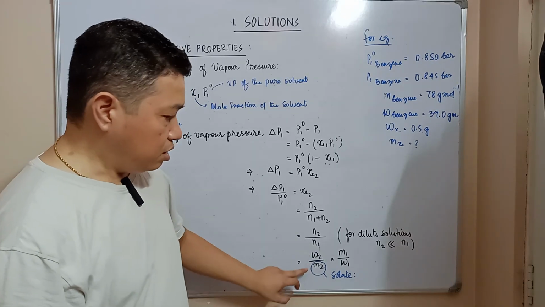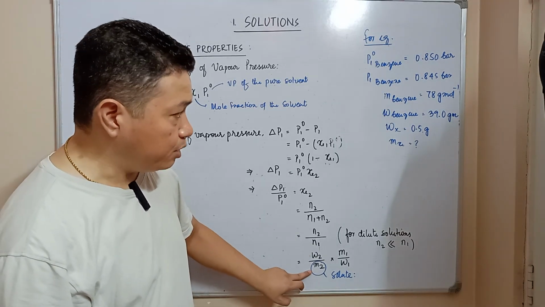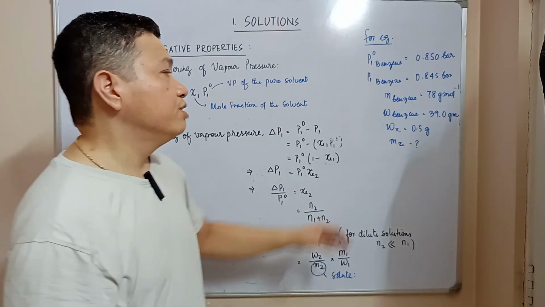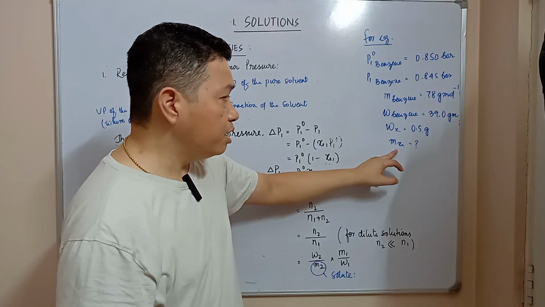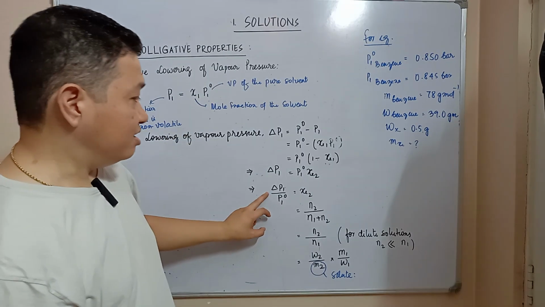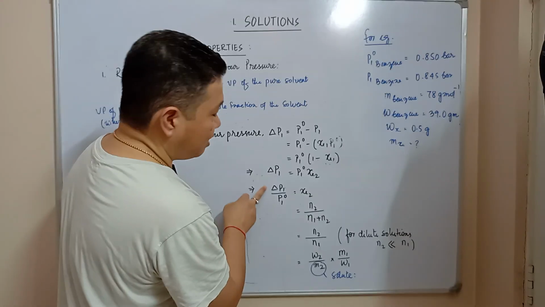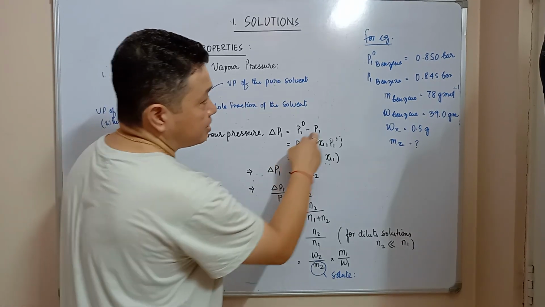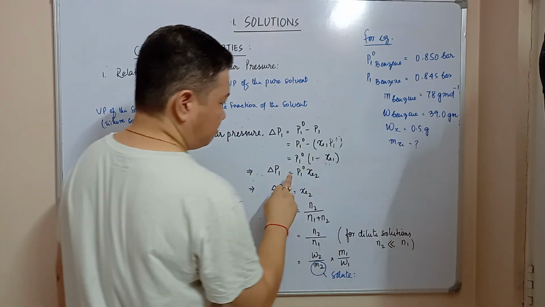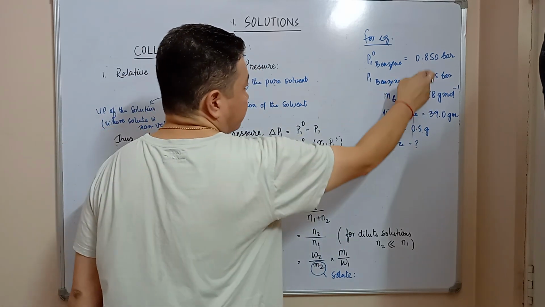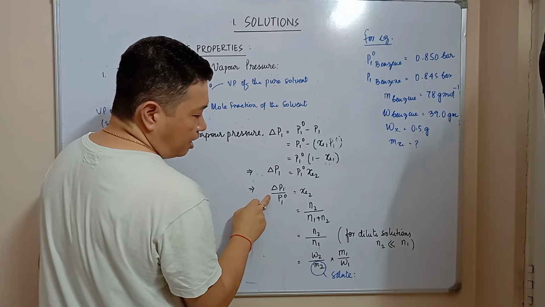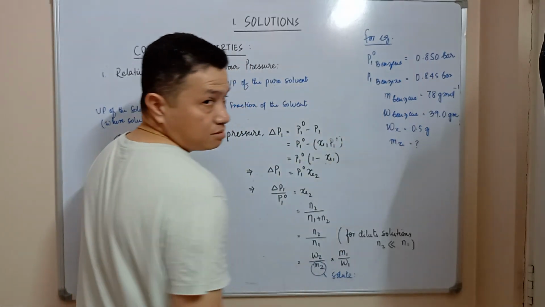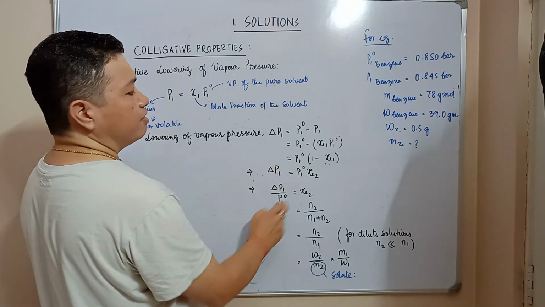W2 is known. So now you can calculate M2, denoted by Mx over here, where X is the unknown solid. You can calculate the molar mass of the unknown solid, provided you know the relative lowering of vapor pressure. How will you calculate? You take the lowering of vapor pressure, divided by P1 naught, which gives the relative lowering of vapor pressure.